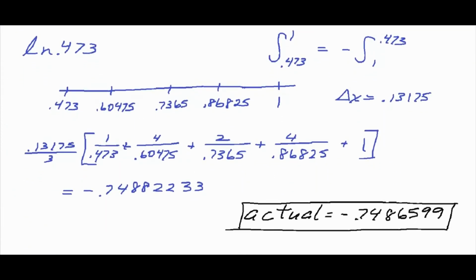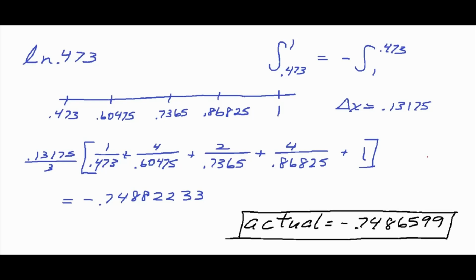So what about between 0 and 1? So we did log of 2, which is just a little over 1. Then we went way over 1, pretty big number. Well, now what about between 0 and 1? So let's do log of 0.473.